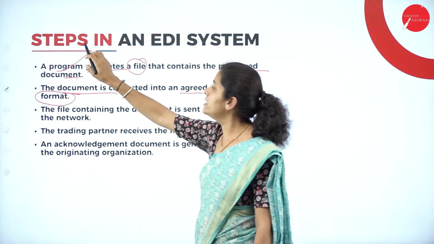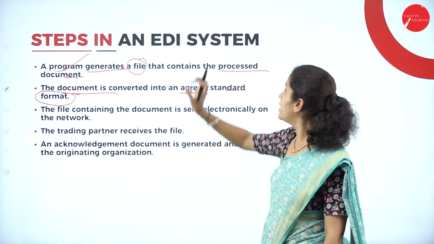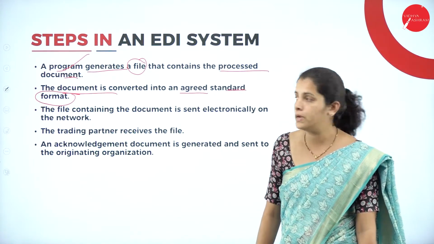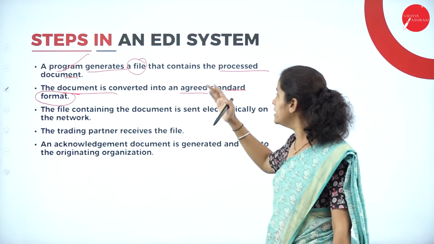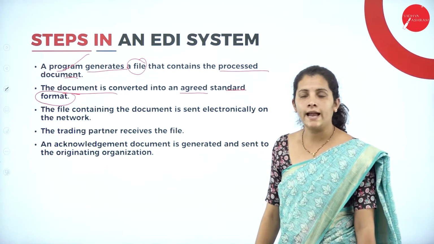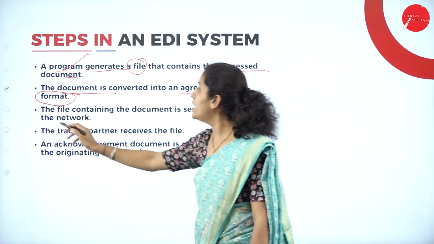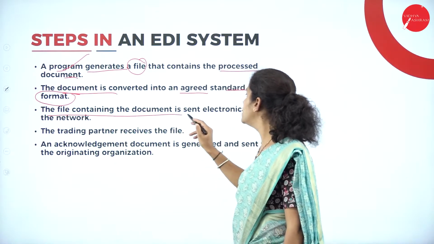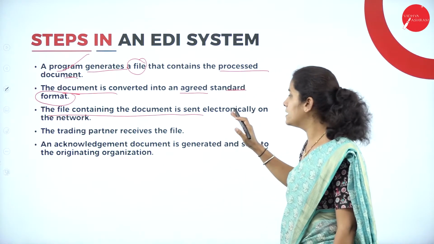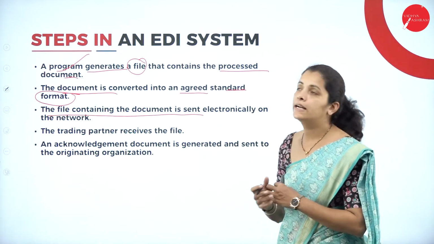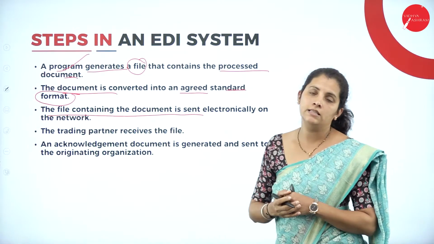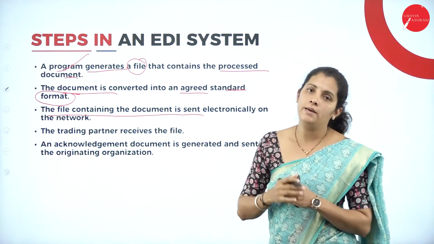So at the beginning, you have a file containing the processed document. The document is now converted into the agreed standard form. The file containing the document is sent electronically on the network. That means the file that contains the document is sent through email.